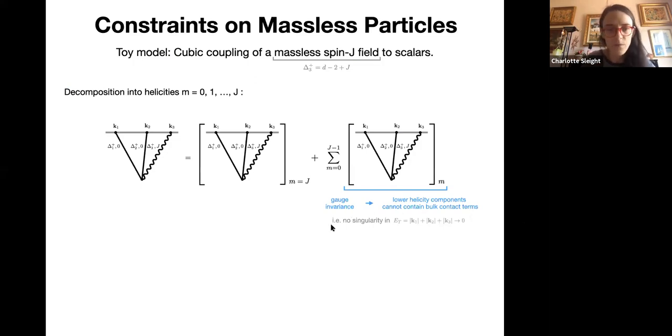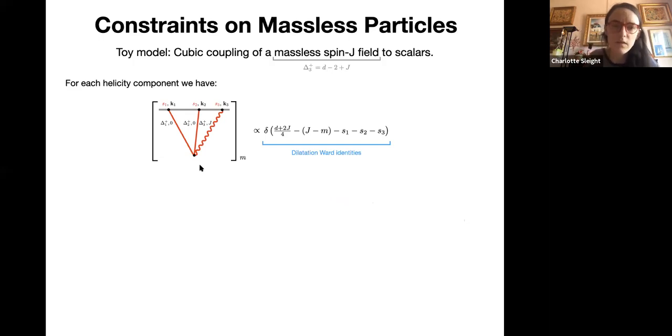So how does this requirement manifest itself in the Mellin representation? We saw that in this Mellin representation, a contact diagram has these Dirac delta functions which are enforcing the constraint coming from the dilatation Ward identities.